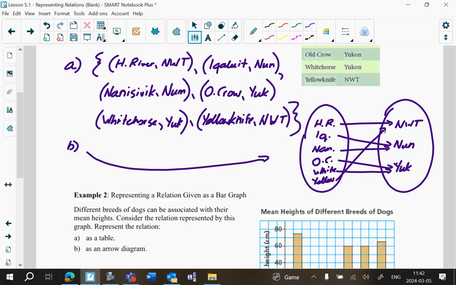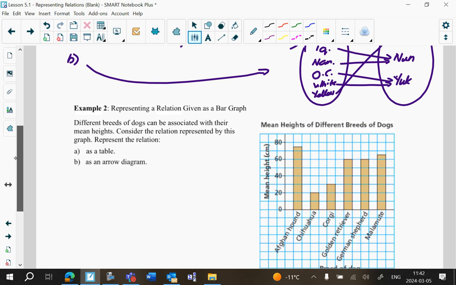Okay. So there, you should be able to convert from one form of a relation to another. Right now, we've focused on ordered pairs, tables, and arrow diagrams, but they can also be graphs, as we see in the second example.